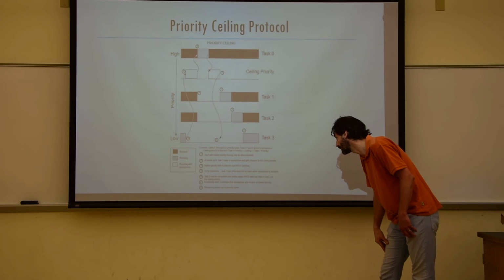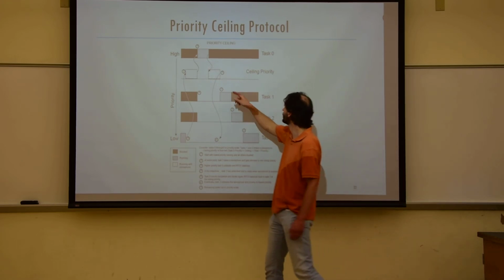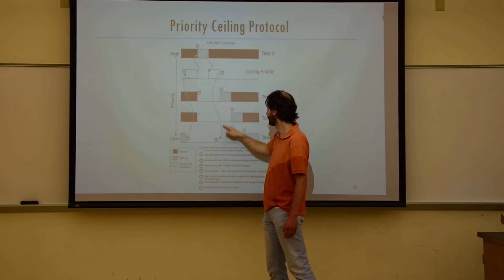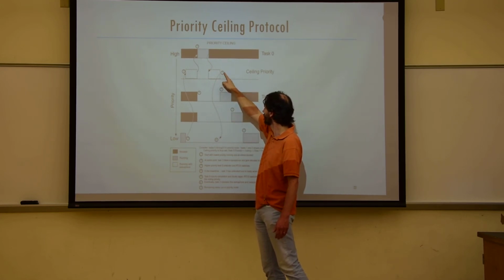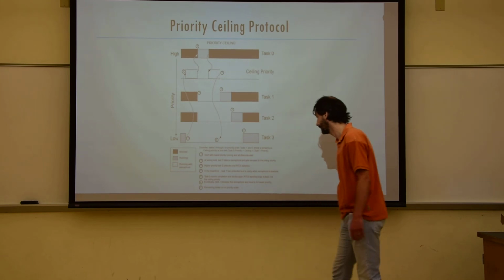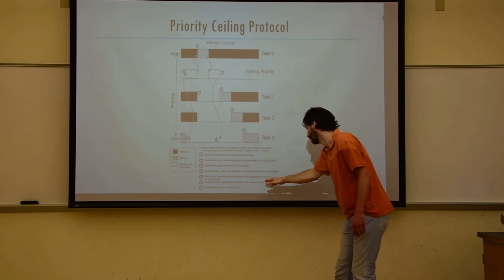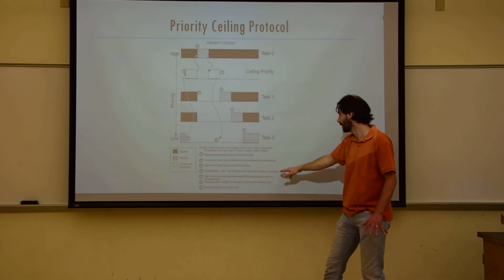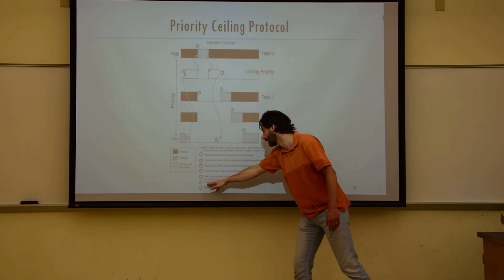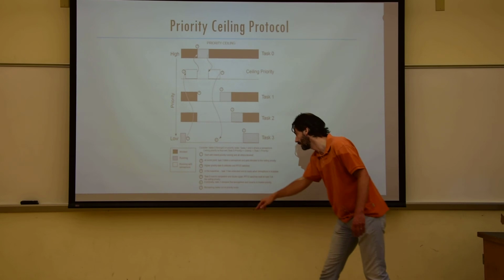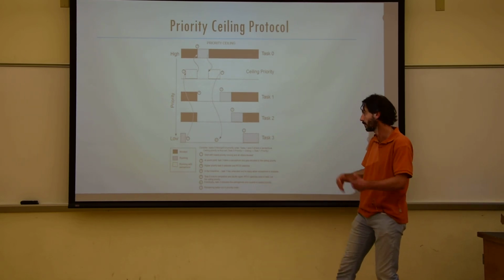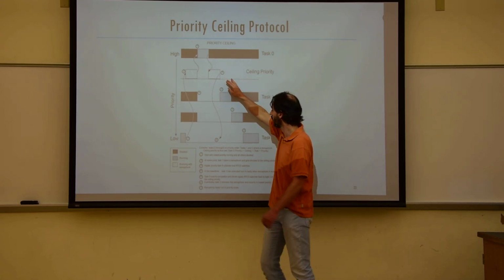The RTOS switches back to task 3 over here because task 0 has unlocked, so it gets out. But what does that mean? It goes back to task 3 at the ceiling priority, and then eventually at 6 over here, task 3 releases the semaphore and reverts to its lowest priority. So that's all in one go, right?